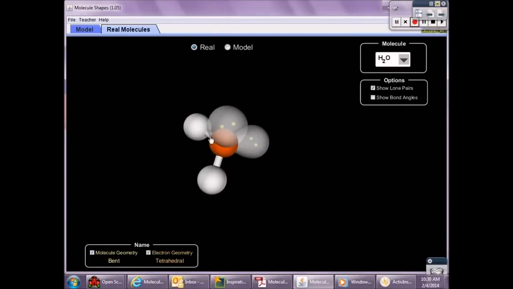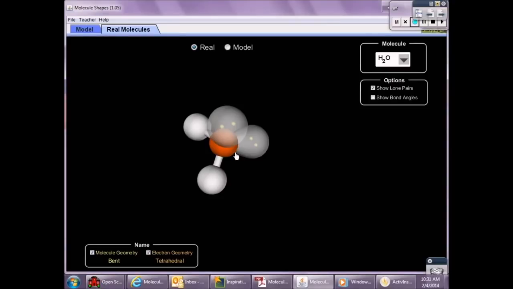Remember, those 2 pairs of unshared electrons are pushing the bonded atoms closer to each other. That's why I told you when you drew the Lewis structure for water, don't show it straight because it is not really straight. You need to put those pairs of unshared electrons on one side and then push the others down. Let's see who can come up with a bond angle for me.